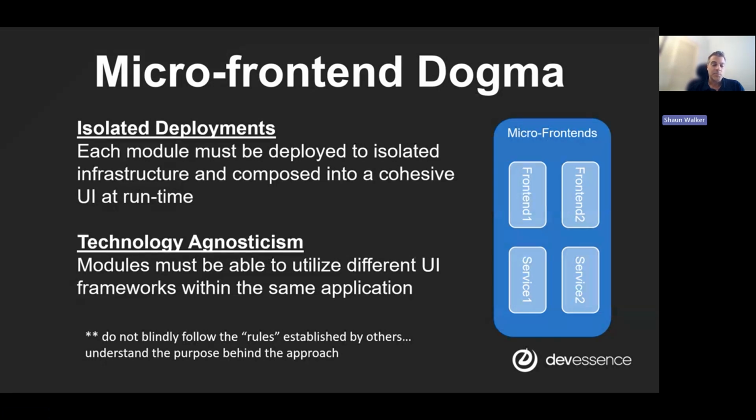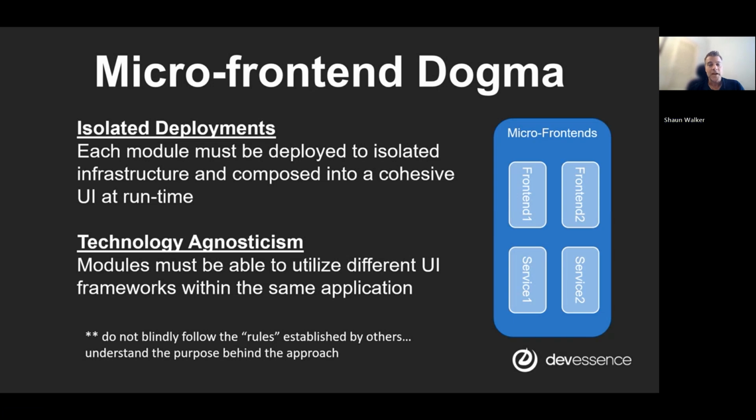So isolated deployments are not necessarily a must-have when you're building micro front ends. It can help you scale in certain scenarios, so it could be helpful in some scenarios, but it's not necessarily required.